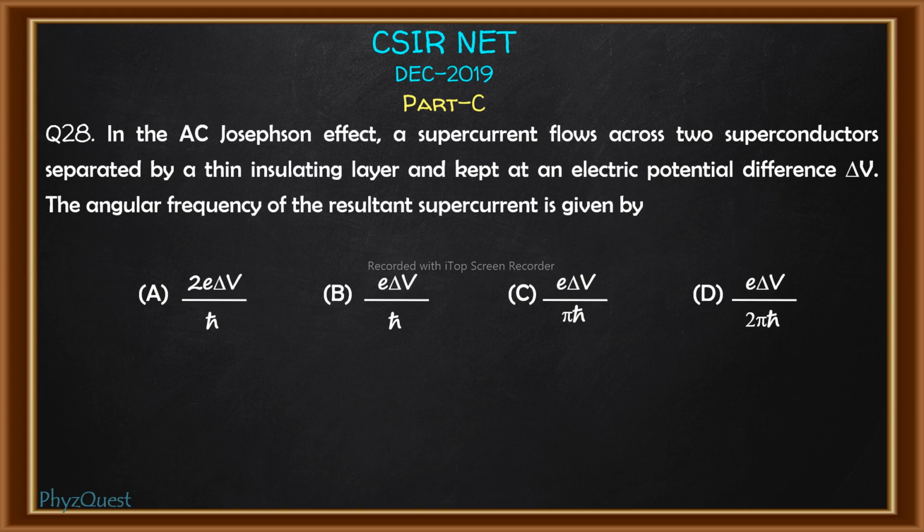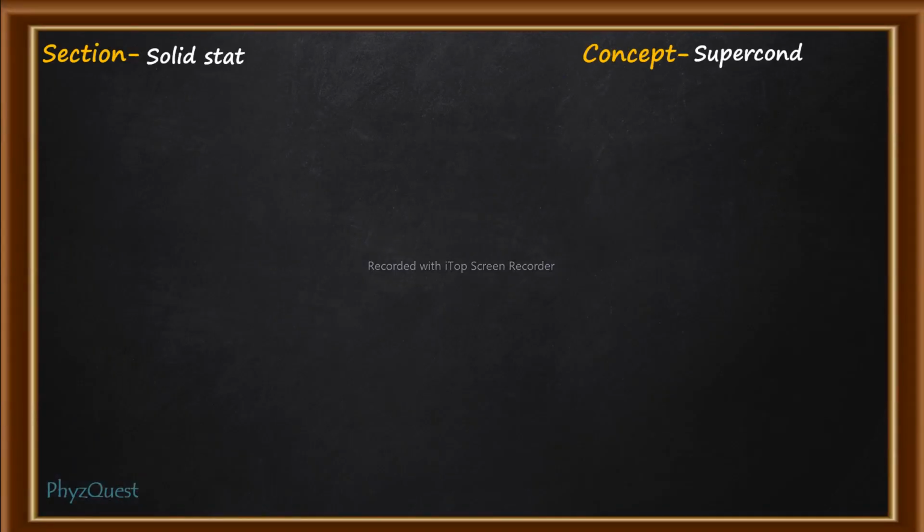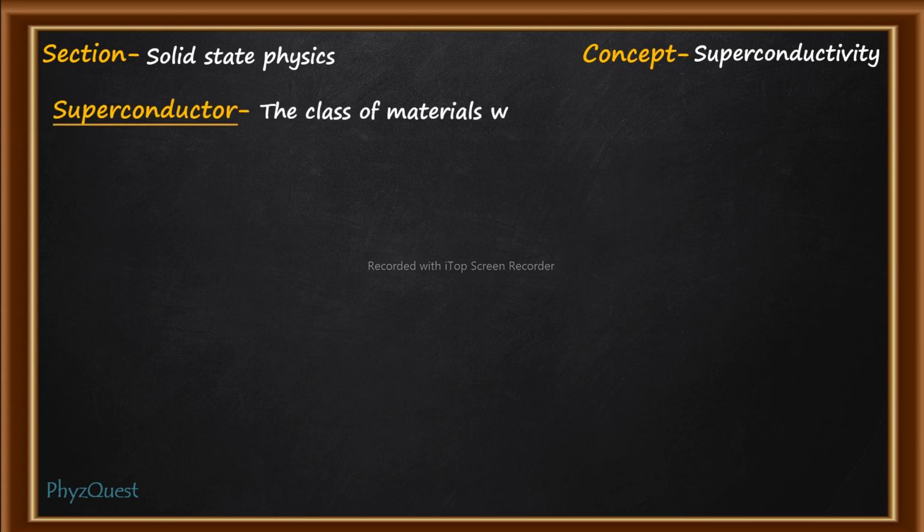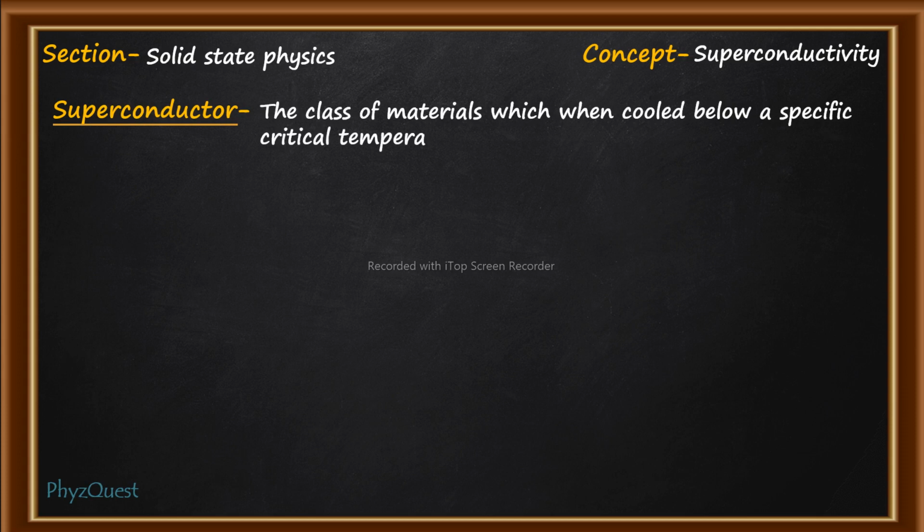So let's get started. This question comes from the section solid state physics and the concept involved here is superconductivity. Superconductors are those class of materials which, when cooled below a specific critical temperature, show zero resistance.